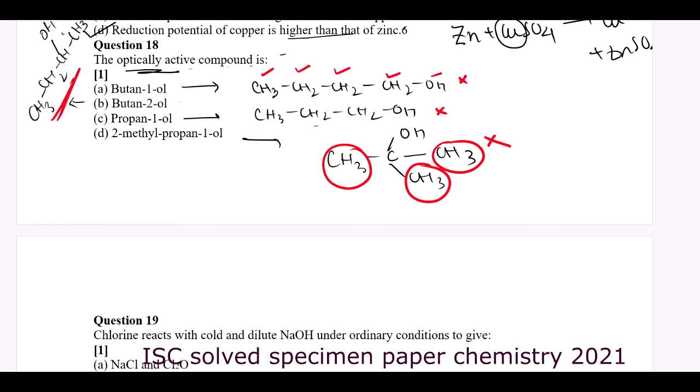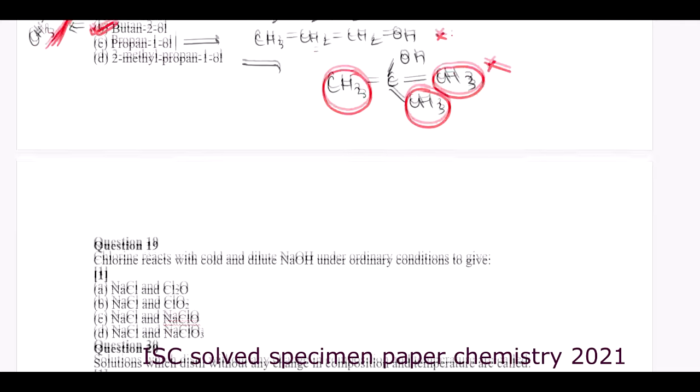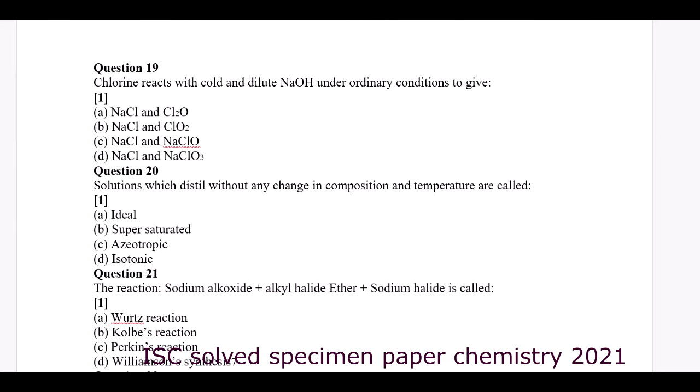So the first, third and fourth cases are not possible, but in the second case this carbon is attached with hydrogen, methyl group, ethyl group and OH, always 4 different groups, so the answer will be butan-2-ol is optically active.